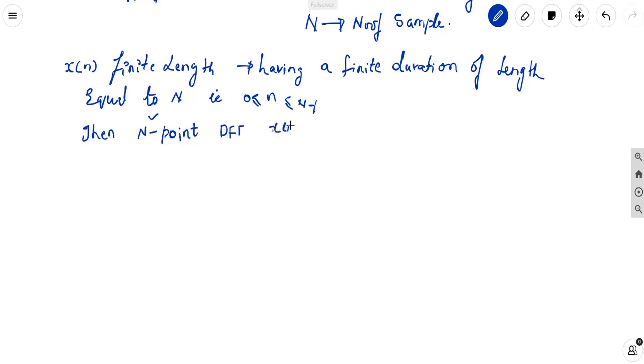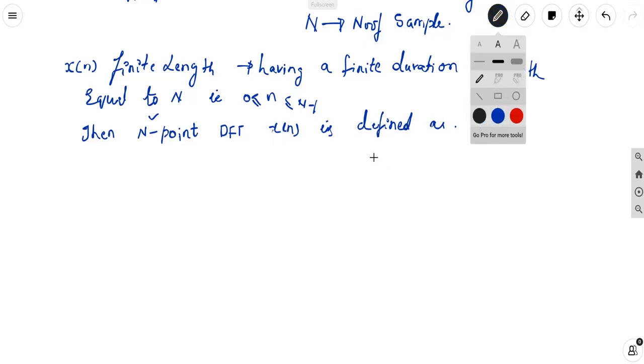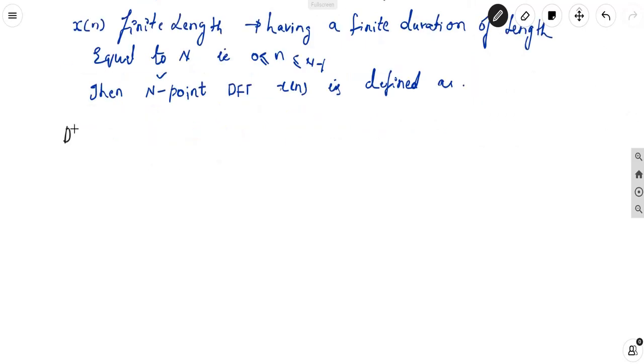x of n is defined as follows. So how do we write this equation? DFT of x of n, that means after taking DFT of x of n the notation becomes x of k, that is, it is in frequency domain.